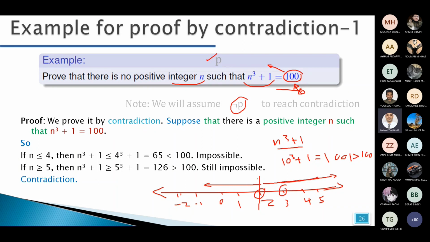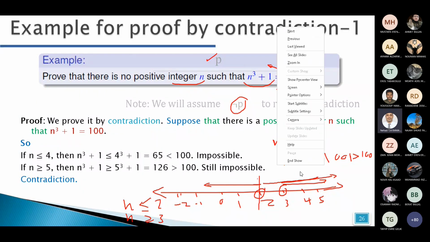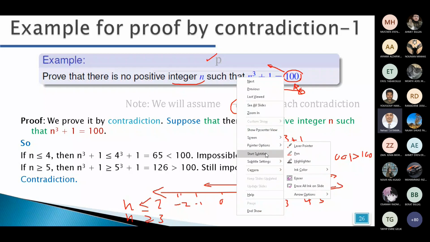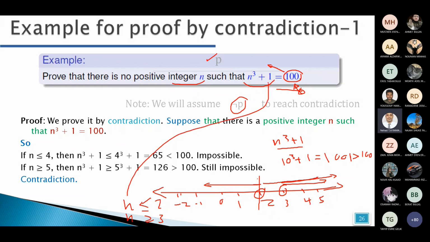So 2 and 3 give us all the possible values. So if n is less than or equal to 2, and if n is more than or equal to 3, this gives us all the possible integer values, yes? Okay, we take n as 2 and 3, and apply this in this statement.